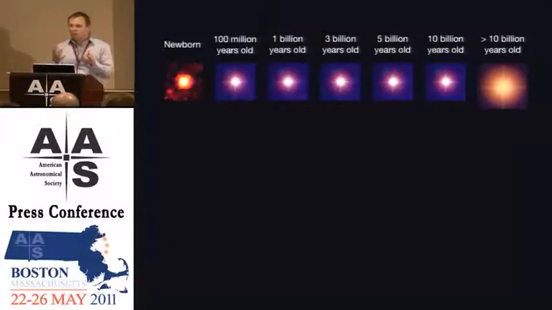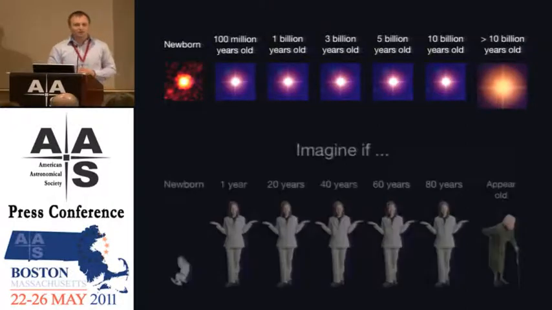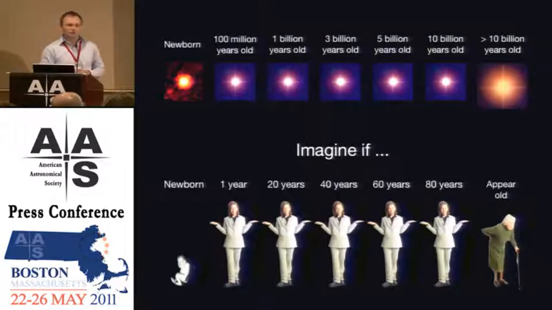That is to say, the observable properties of a star, like mass and size and temperature, are nearly constant throughout its lifetime. To drive this point home, let's imagine that the same was true for humans.